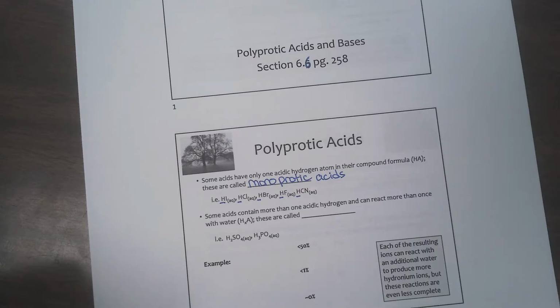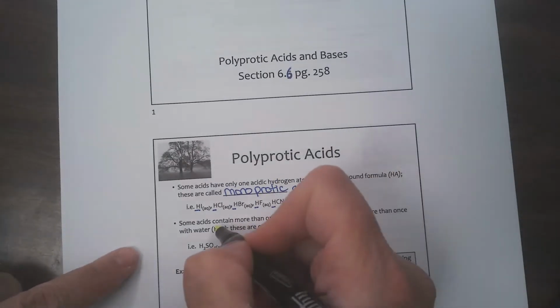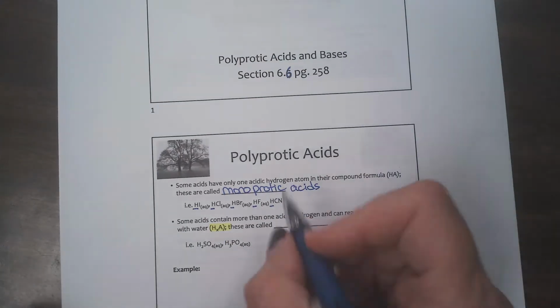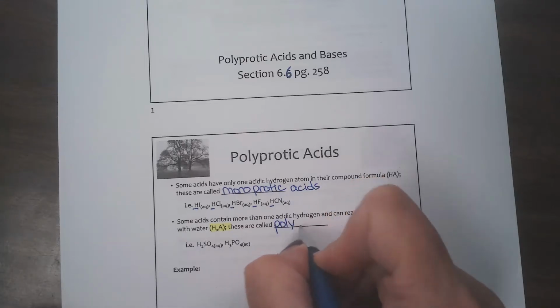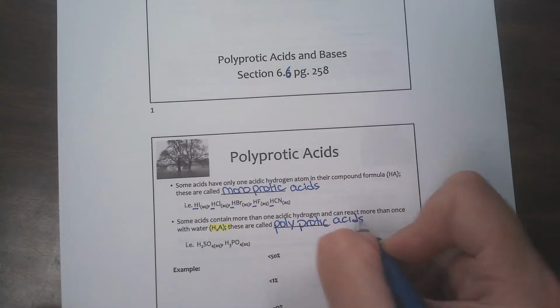Now, there are some acids that have more than one acid hydrogen, and it can react more than once. So if we're looking for formulas, a polyprotic acid is H subscript X, A, and these are what we call polyprotic acids.